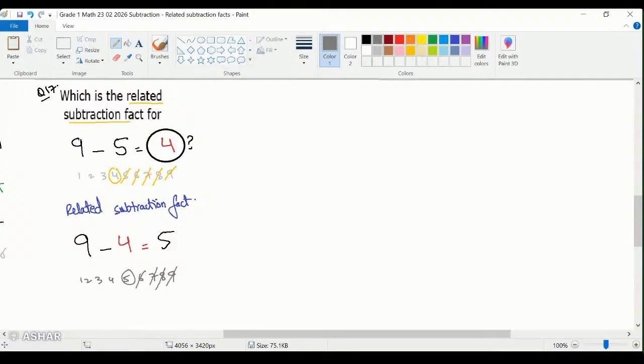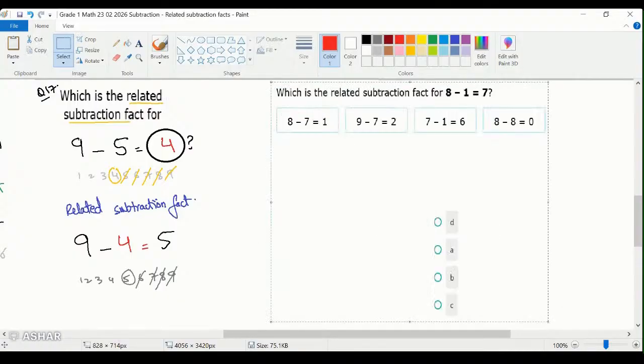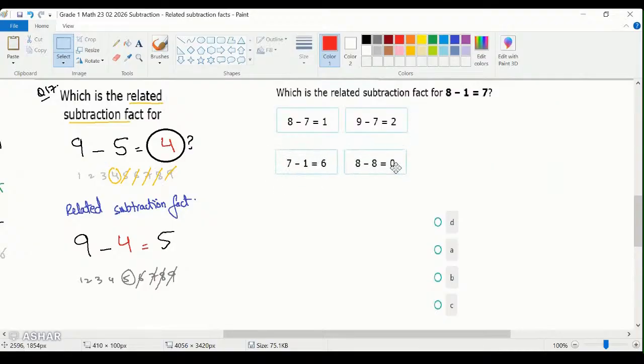I will highlight the options. Let me just give you the option. For the next question, this is a question from the test, and the options given are these.